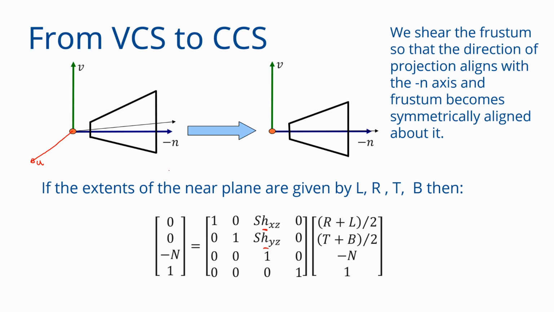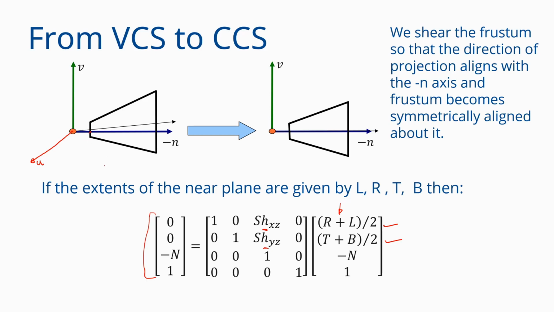It is supposed to take the center of the near plane. So these coordinates are for this point, right? So it is supposed to take that point to the point where the n-axis intersects the near plane.